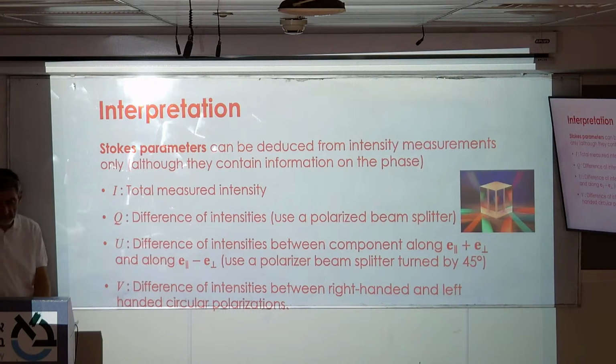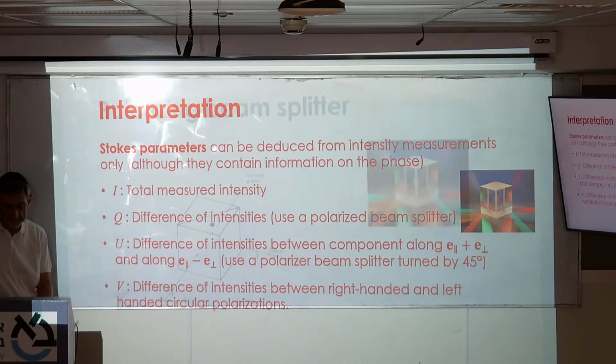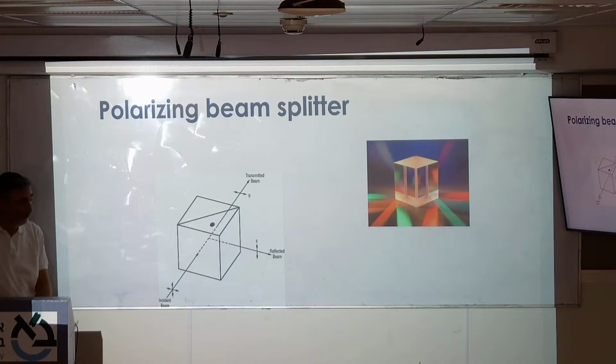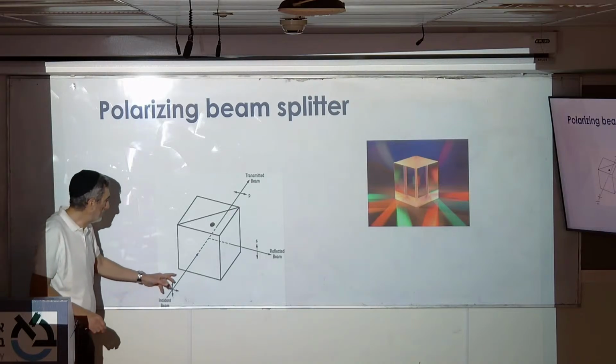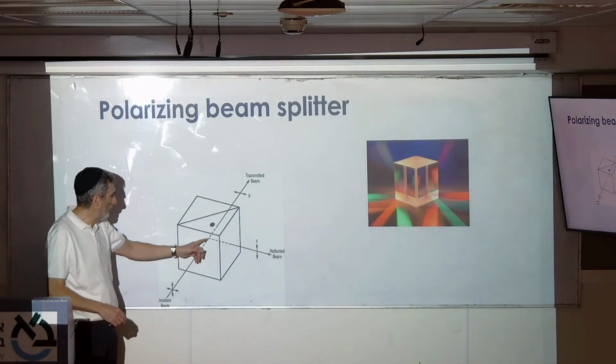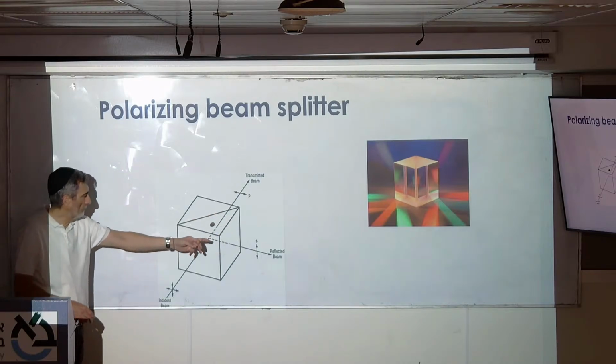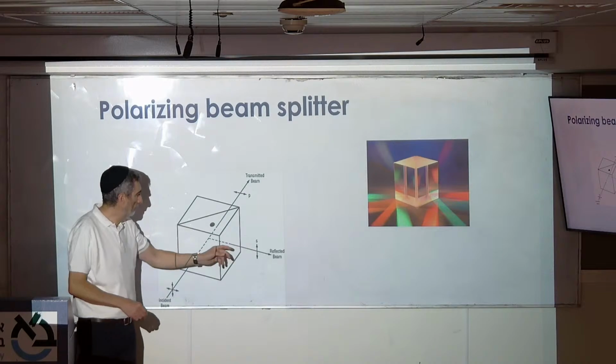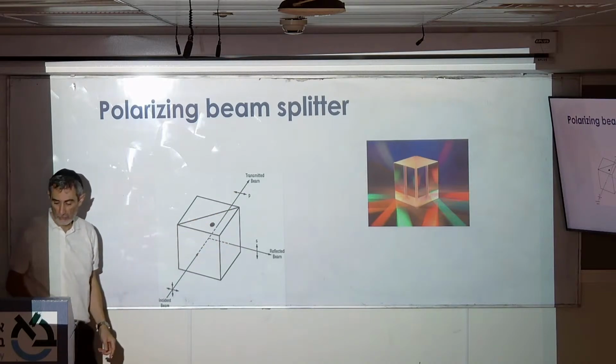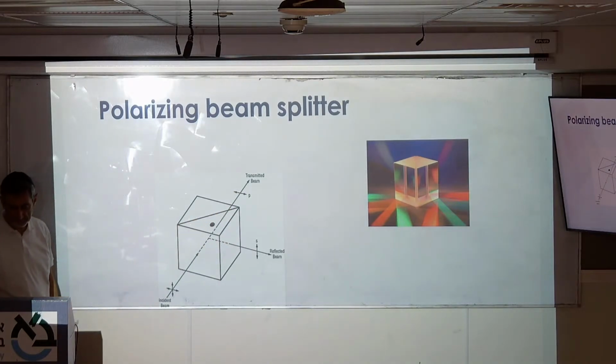So once you measure these 4 parameters, I, Q, U, and V, then you can define what is called the Mueller matrix, which is a linear relation between the scattered Stokes vectors and the initial incident Stokes vector.